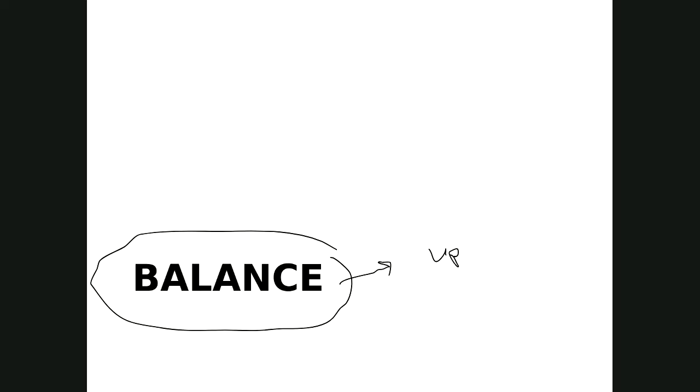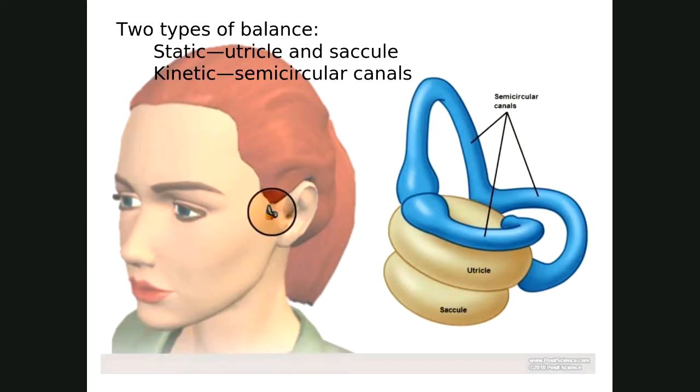Balance is knowing if we're moving or not, and if we are moving, which direction are we moving, and how fast are we moving. That's what this is all about. It's equilibrium. And so when we look at it, it's a different part of the inner ear that does this. It's not the cochlea. It's the vestibule and the semicircular canals.